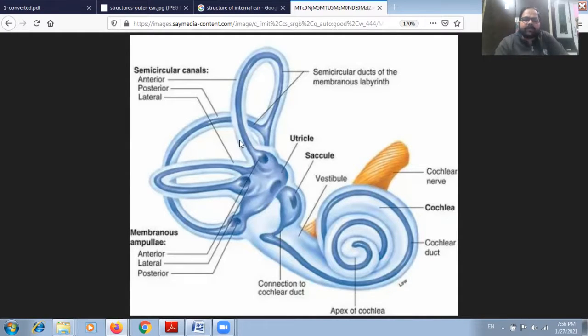We can see here the light color is representing the perilymph and the dark color is representing the endolymph. After that, this is the snail-like structure, called the cochlea, and this one is the nerve. The nerve has been attached with the internal part of this ear.